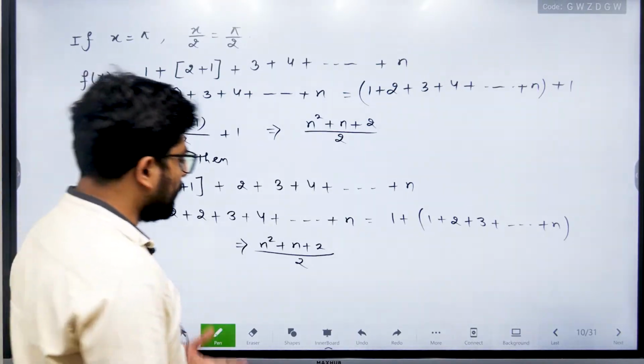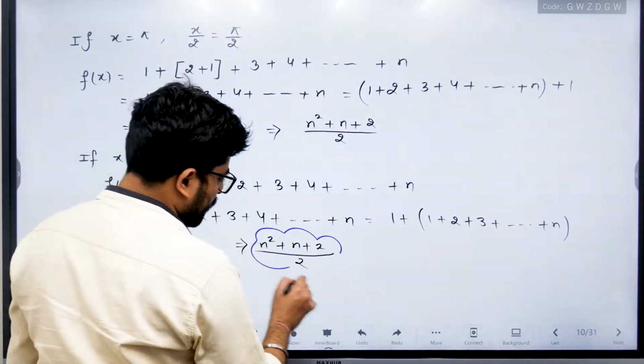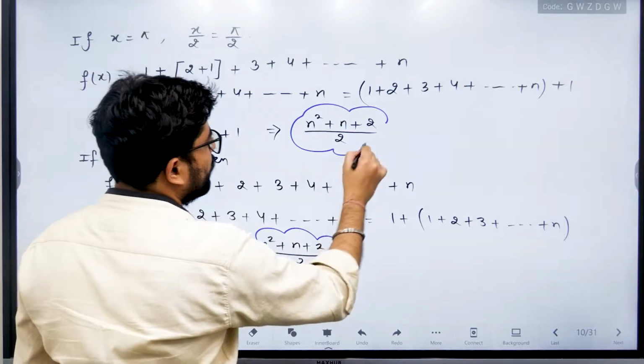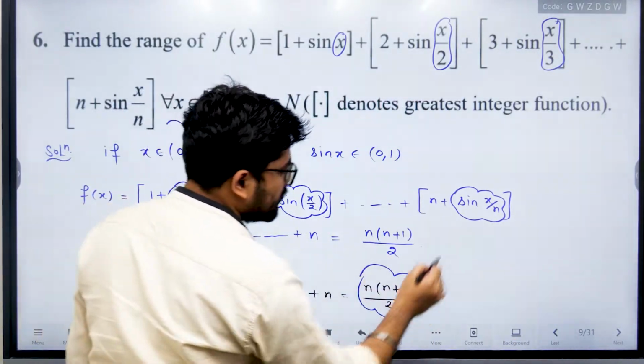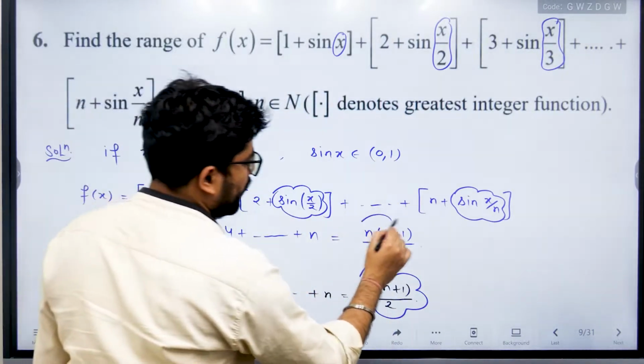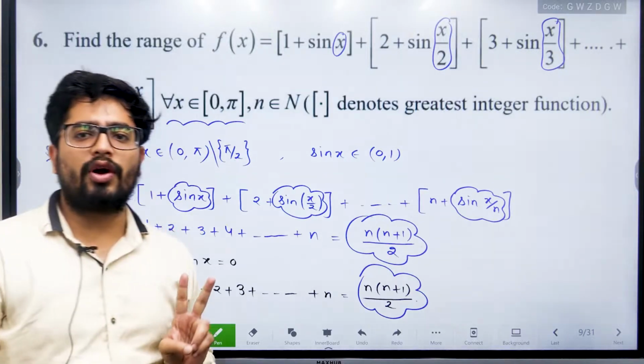Okay, so how many values do you have? Now sir, in the range, one value is this one, both are the same, so we have only one value, and one value is n(n plus 1)/2. Yes, n(n plus 1)/2, where is the second one? It's n(n plus 1)/2. So it means we have only 2 points in my range.